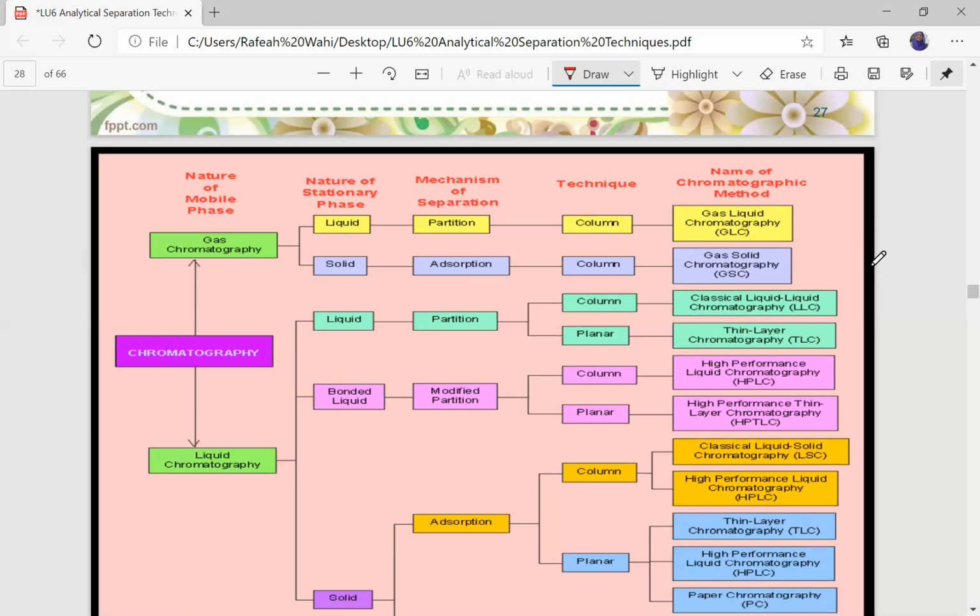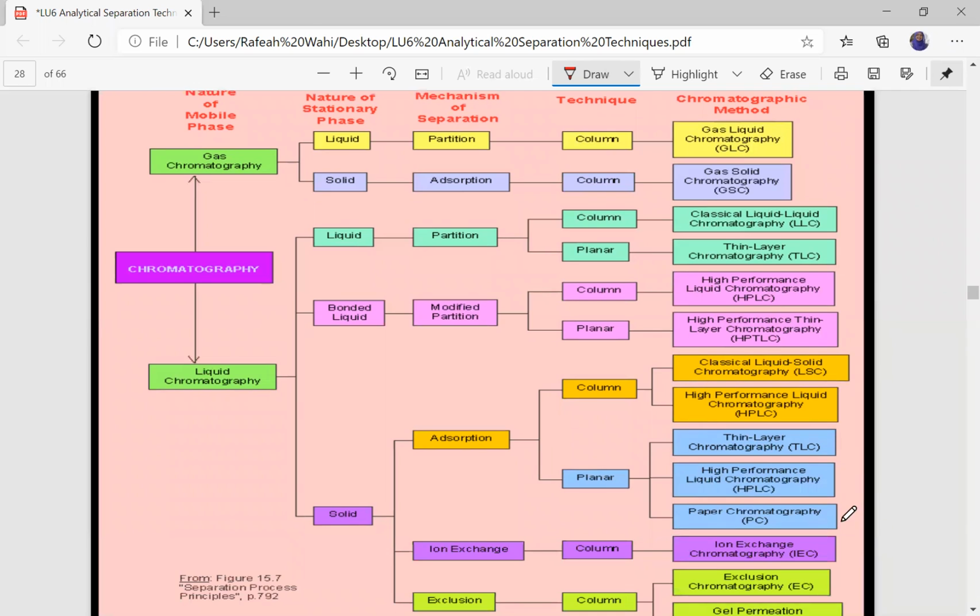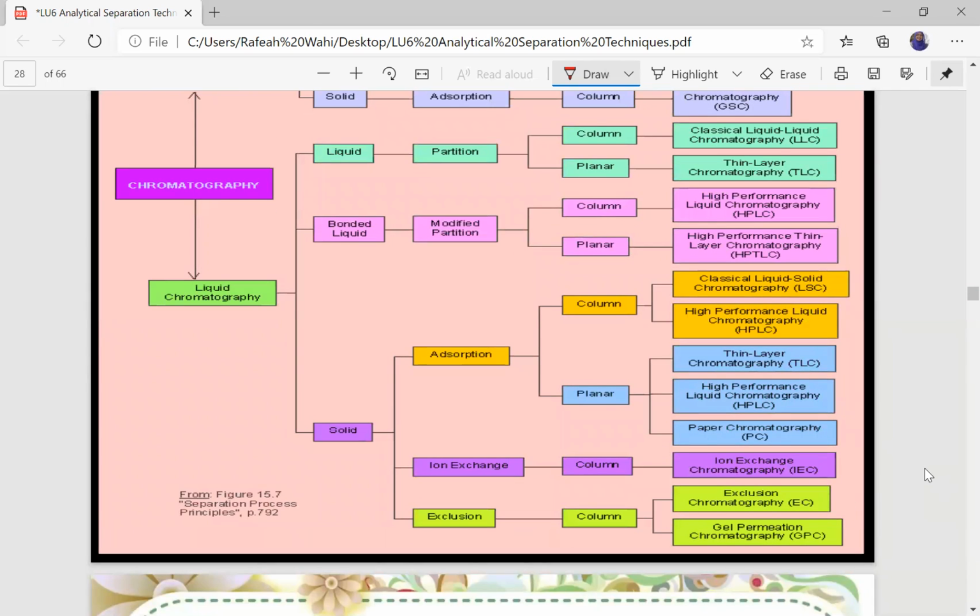So many things. But in this learning unit, we are going to look into two simple chromatography methods, which are thin layer chromatography and paper chromatography. Okay.